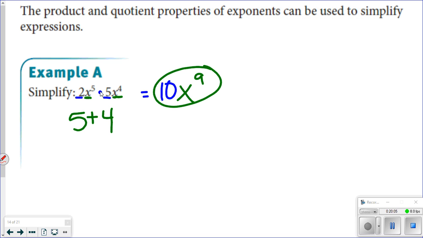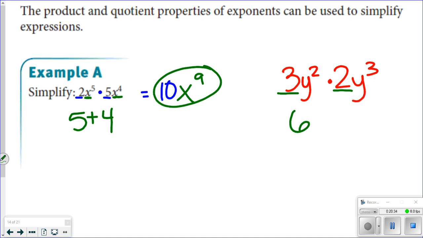Also on the bottom of page 289, wherever you have room, could be the My Notes section of your book, I want you to try a new question that I'm going to make up. Here we go. Try this one on your own. So let's multiply. 3 times 2 is 6.